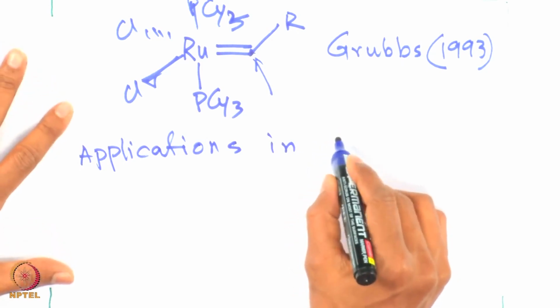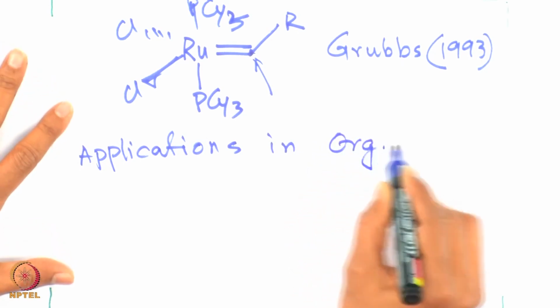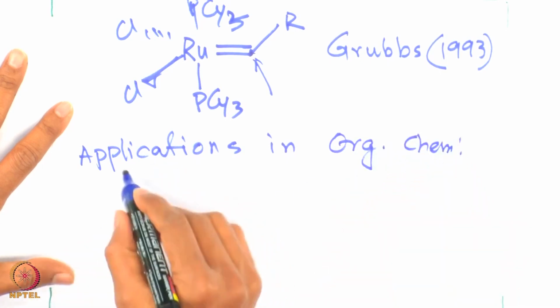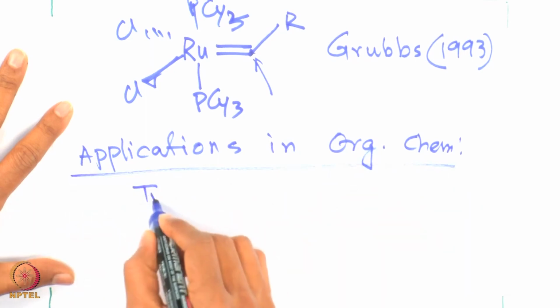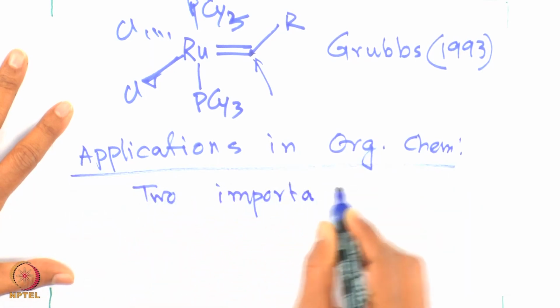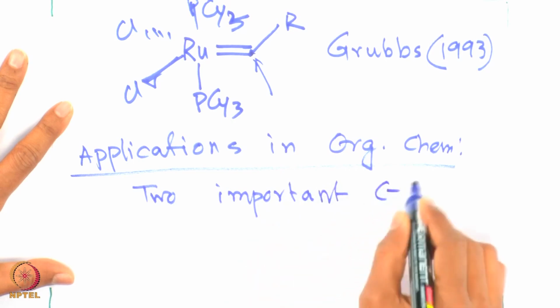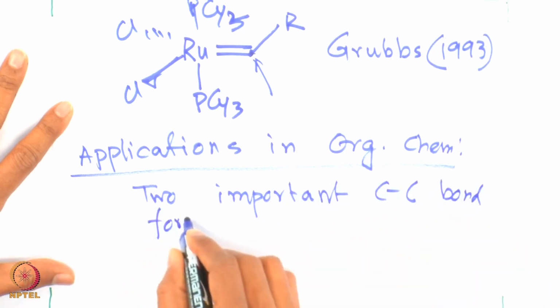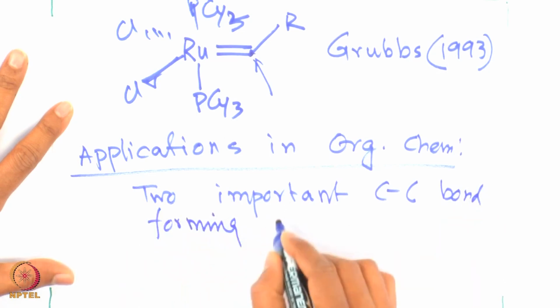First, we will discuss the metathesis reactions. So, we will have two important carbon-carbon bond formation processes in the metathesis reaction.